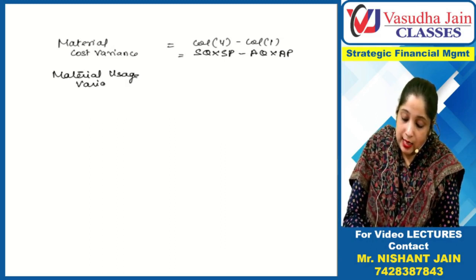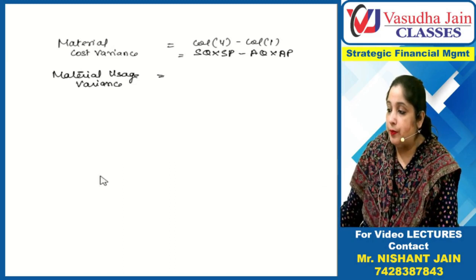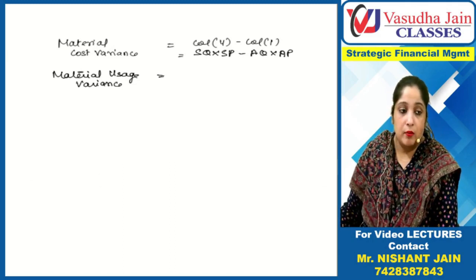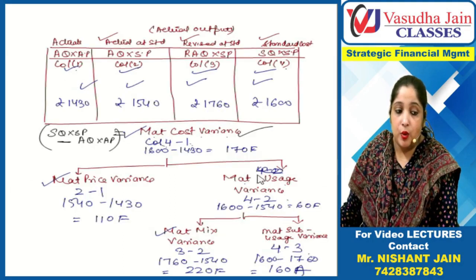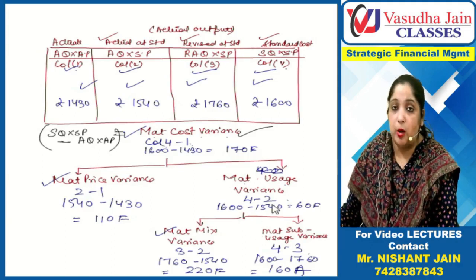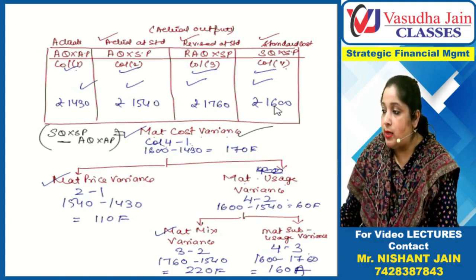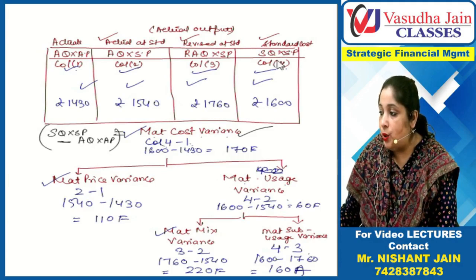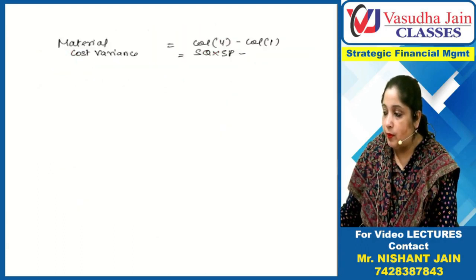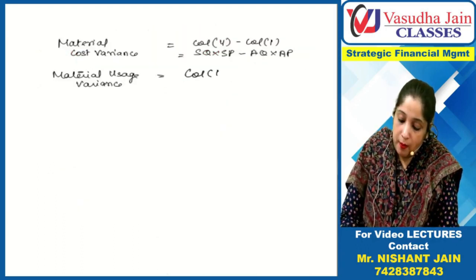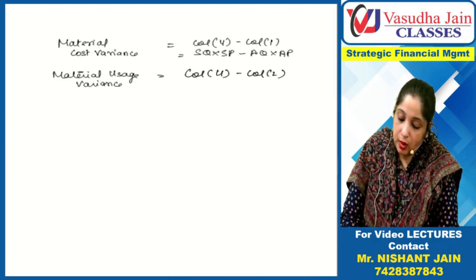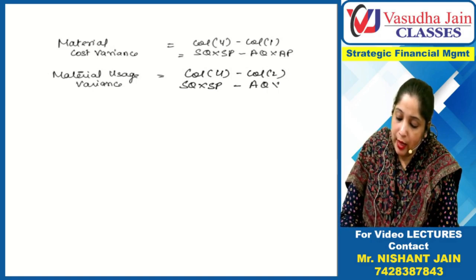Okay. Now let's see what was usage variance. Usage variance was column number 4 minus column number 2. So column number 4 is SQ into SP, and column number 2 is AQ into SP. Column 4 minus column 2, SQ into SP minus AQ into SP.